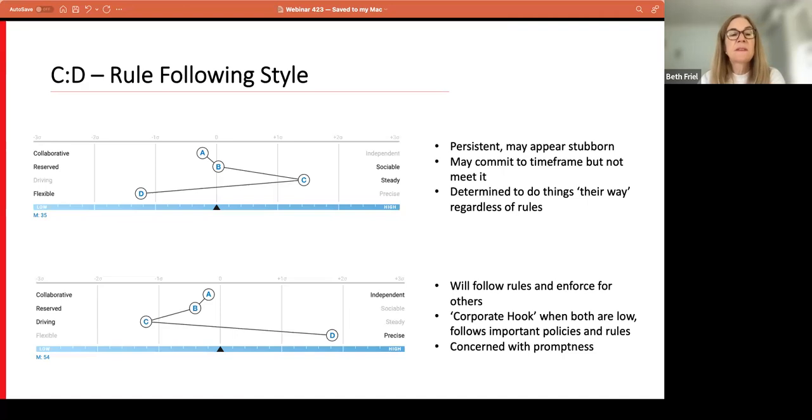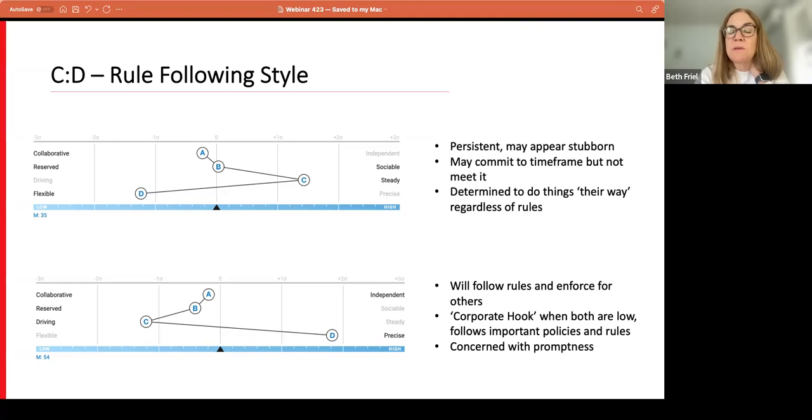Now, this one is particularly important in regulated industries, the C and D. So on the top example, when you see a high C and a low D, it's someone who's very persistent. They won't give up. They'll keep trying.